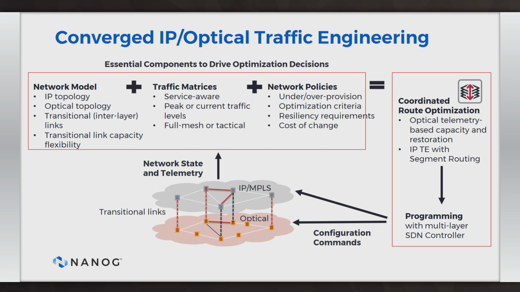Actually, let's see how this system works. First, the most obvious part is that you need the topology. You need the IP topology, you need the optical topology, and you need what we call the transitional links, the links that connect the optical network to the routed network. The one final component is the transitional link capacity flexibility.